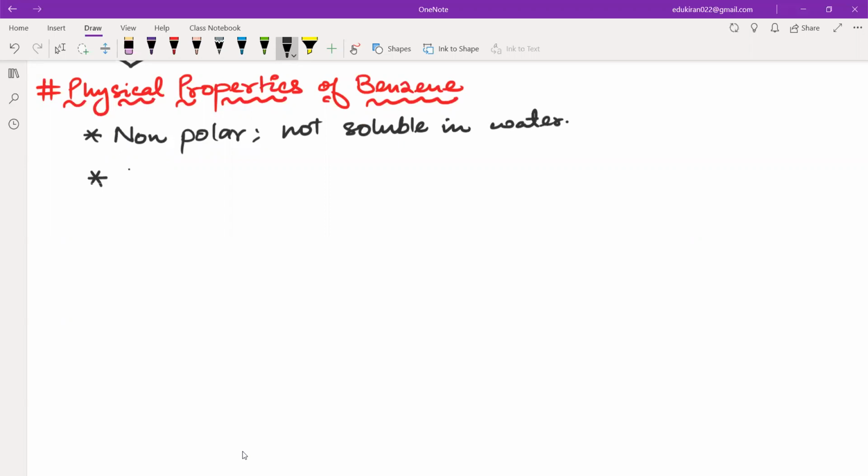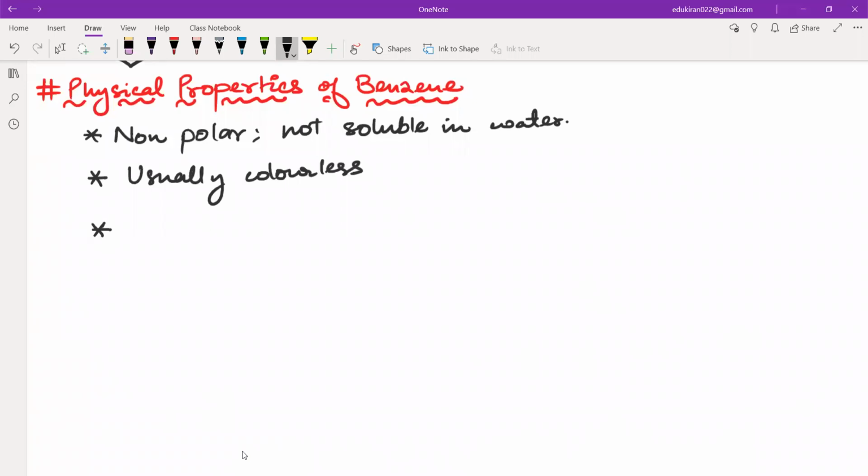Next is, it is usually colorless, does not have any color. Next, you must have smelled naphthalene balls. They have some characteristic smell or aroma. So it has some particular smell.